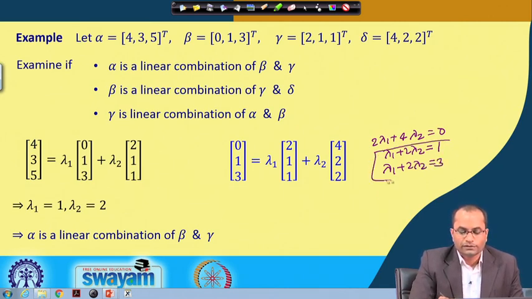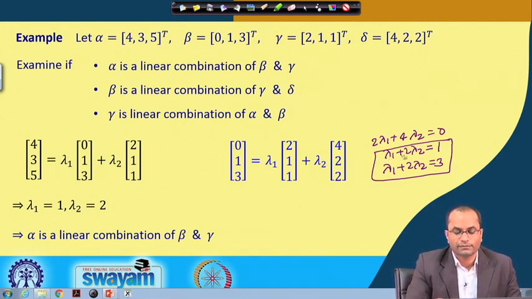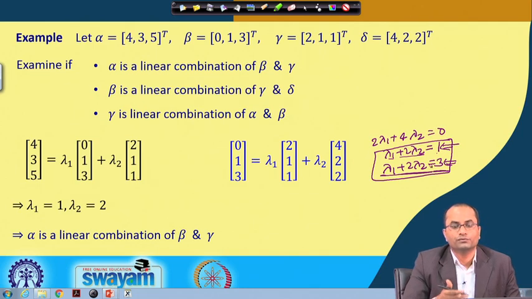So, equations 2 and 3 tell us that lambda 1 plus 2 lambda 2 is equal to 1 and lambda 1 plus 2 lambda 2 is equal to 3. So, here there is an inconsistency, because lambda 1 plus 2 lambda 2 must be 1 by one equation, but 3 by the other. So, it is not possible to find such lambdas which satisfy these two equations.